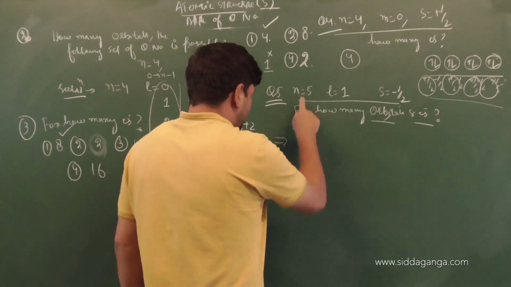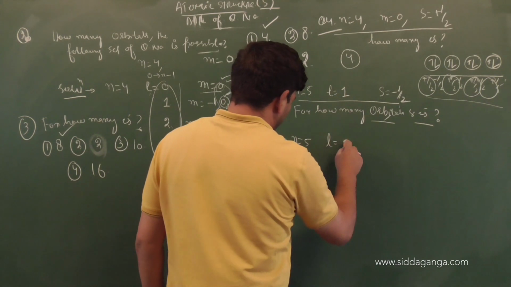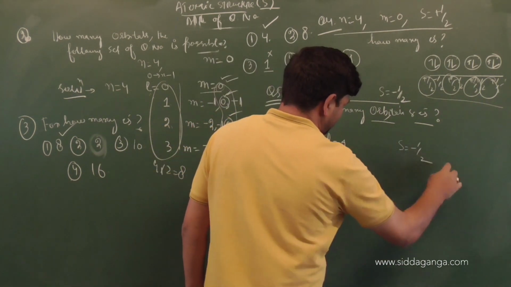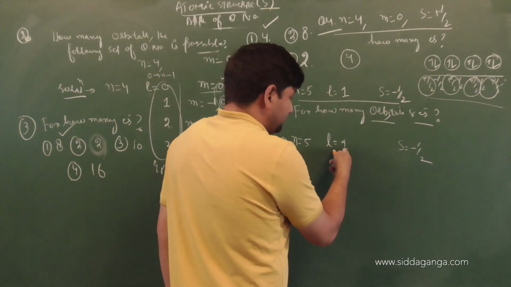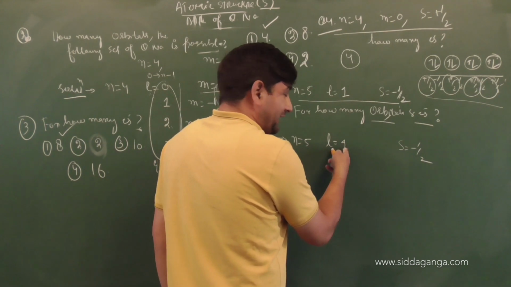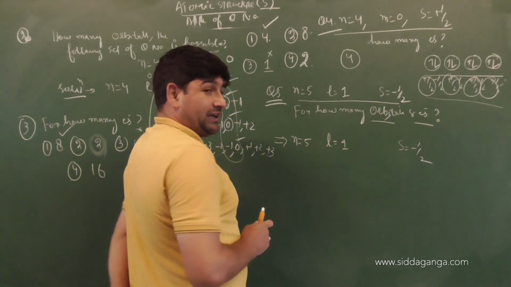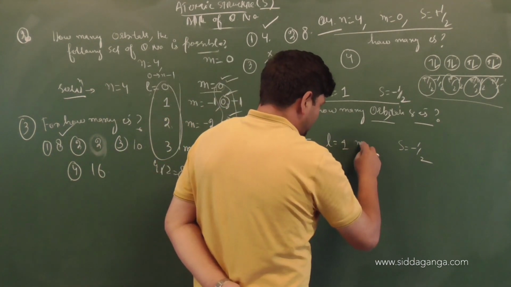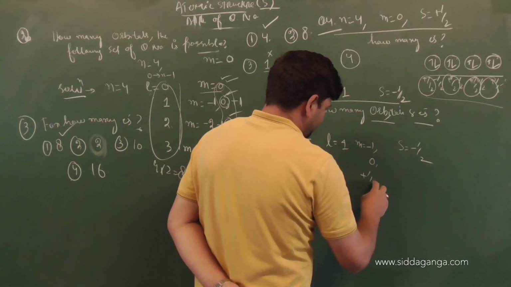So what will it imply? n how much? 5, very good. l value how much? 1, excellent. And s value given to you is what? Minus half. Yes. So when l value is 1, how many orbitals are possible? 3. So m value will be minus 1, 0, plus 1.